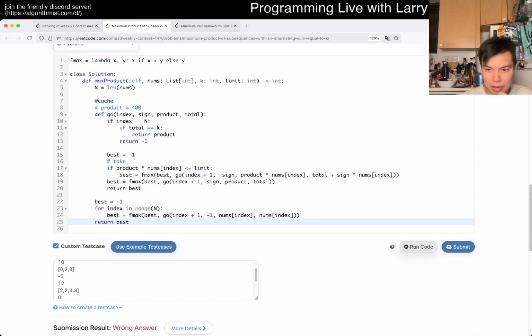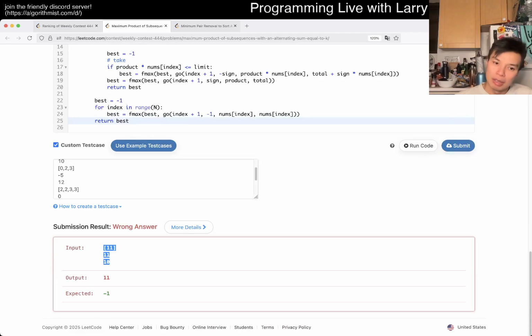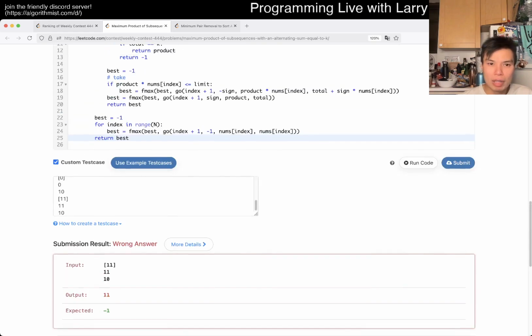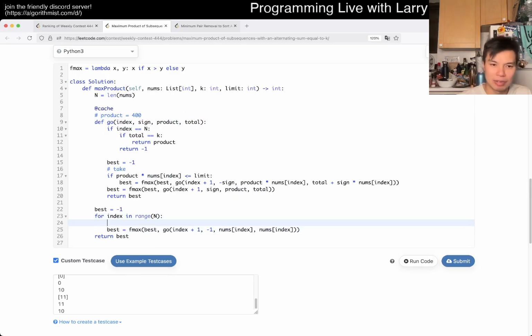Okay, so that's right now. I'm still worried about the time limit case, but hopefully. Wow. Expected -1. Oh, wait. Oh, man. I had this here so that I could save a function call here on product, but here I didn't have it, so okay, fine.